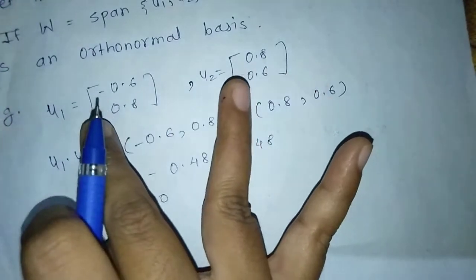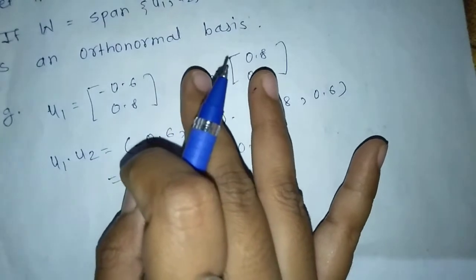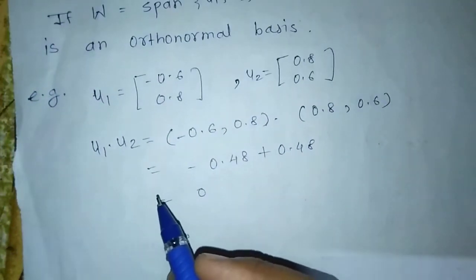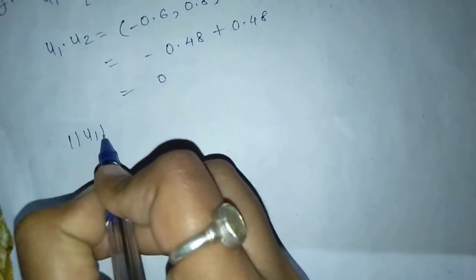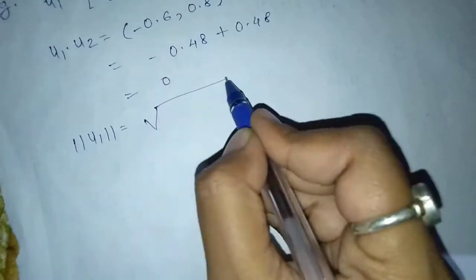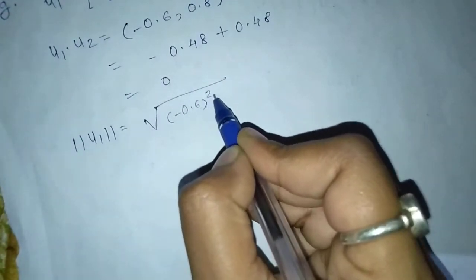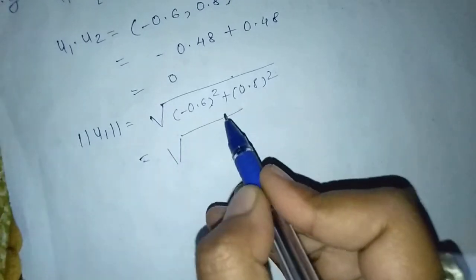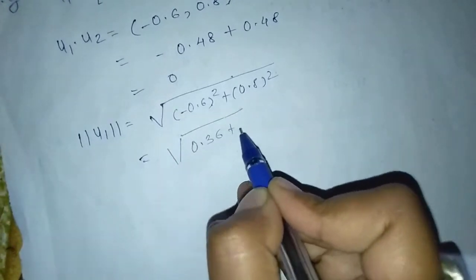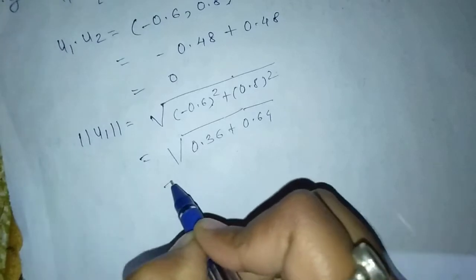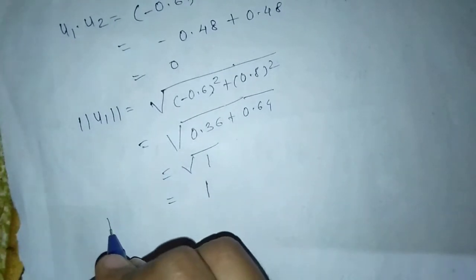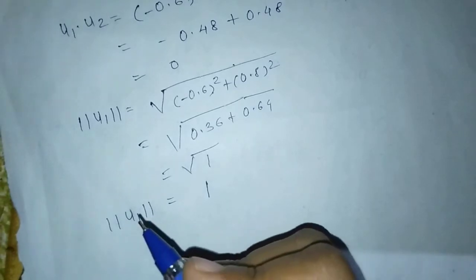So the set of u1, u2 is an orthogonal set. Now calculate the norm of each vector. Norm of u1 is equal to under root (-0.6) square plus (0.8) square is equal to under root 0.36 plus 0.64 is equal to under root 1, which is 1. So norm of u1 is equal to 1.